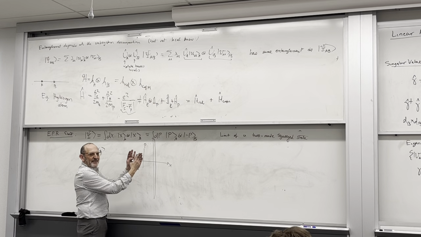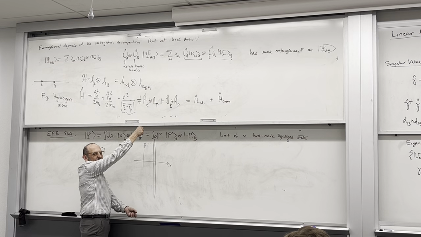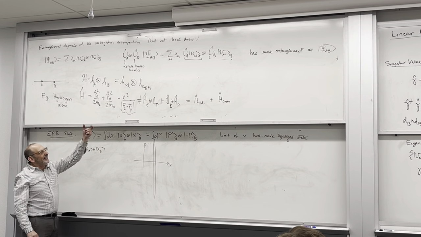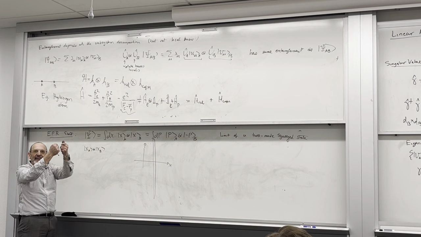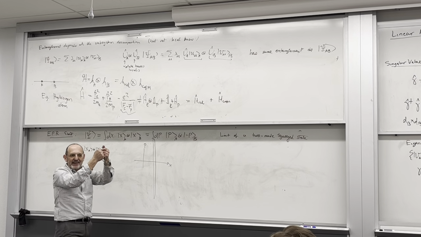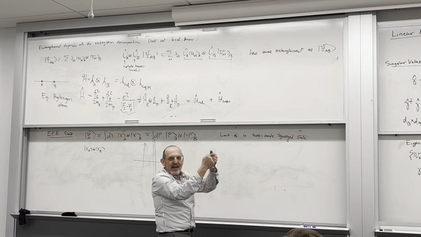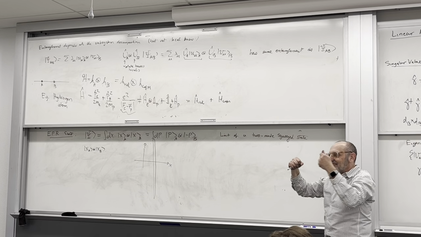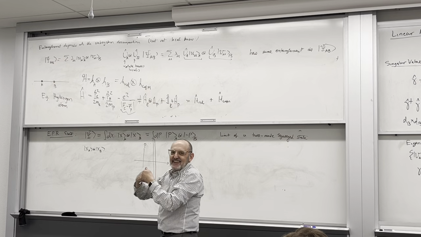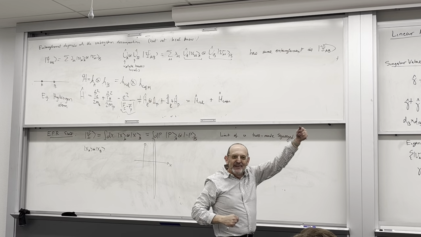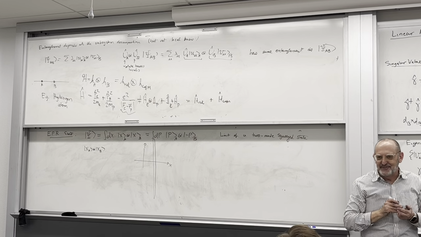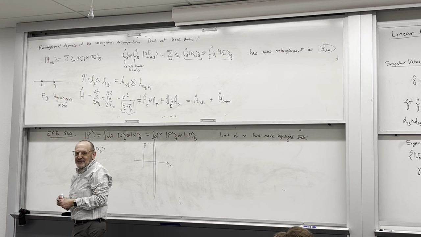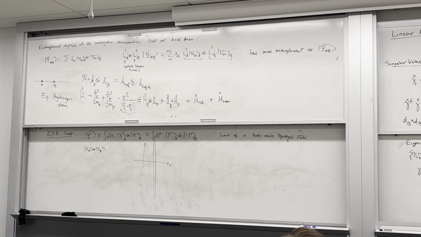If I squeeze this infinite, infinite, infinite, I'll get a position eigenstate. The EPR state has squeezing in the relative coordinate, say, of X, and anti-squeezing in P, but squeezing in the center of mass of P, and anti-squeezing. We'll get to this, okay?